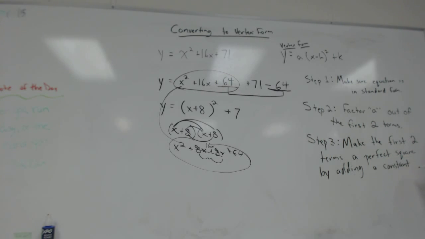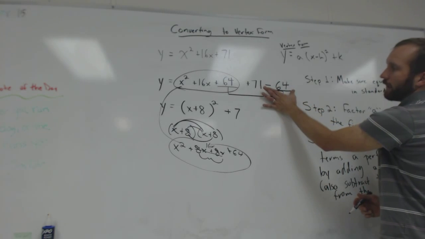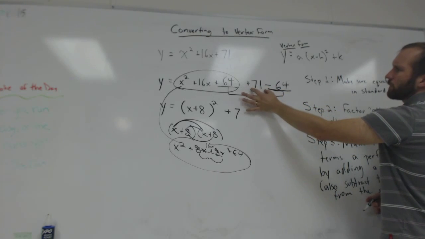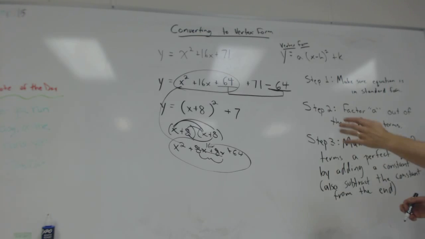By a constant, I mean a number with no variable. And then also subtract the constant from the end, because like here we put it over at the end. I could say subtract it from the third term or from the other constant term, but if you remember to stick it at the end, it'll be good.